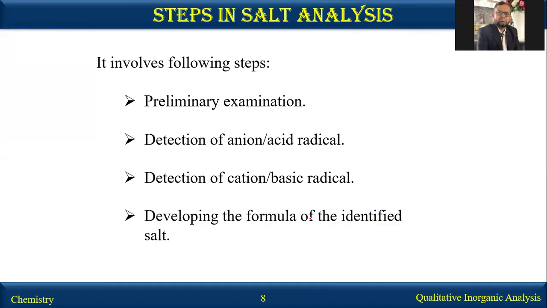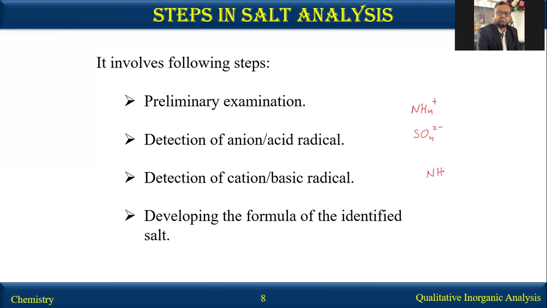So when you have identified anions and cations, then you are to write the formula of the identified salt. For example, if you have found that the compound has ammonium as cation and sulfate as anion, how to write the chemical formula?